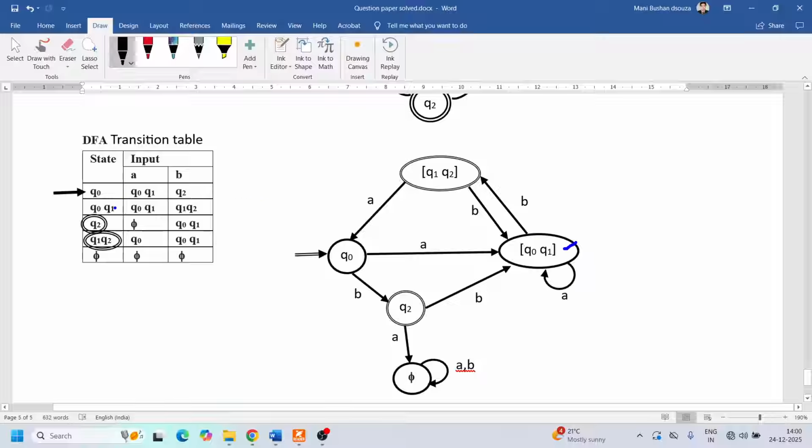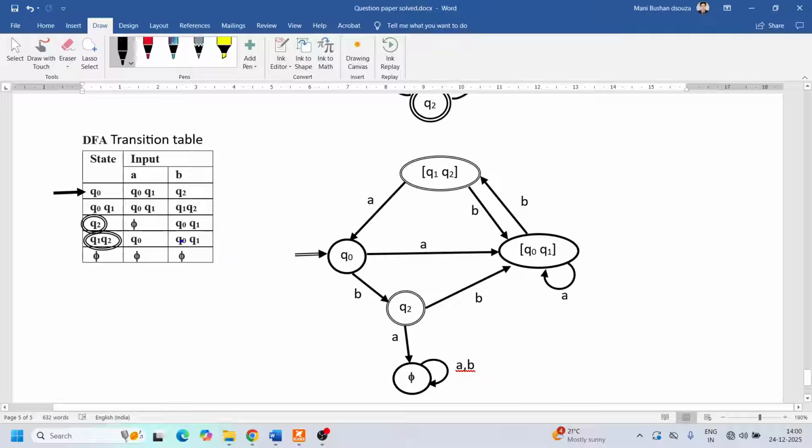Now let's go to this state, Q0 Q1. If the input is A, you will go to Q0 Q1. So you will come back to the same state. That means it is a loop. If you give A, you will come back to the same state.